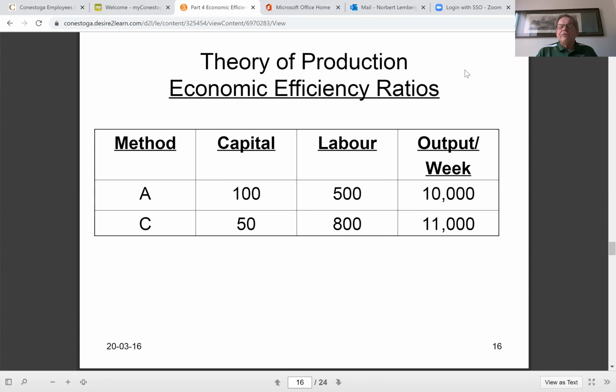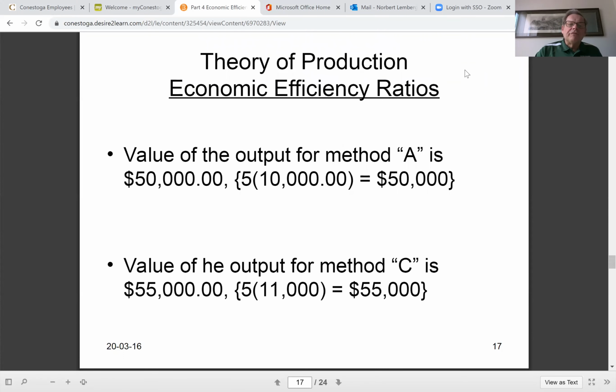Method C produces 11,000 shirts a week. So the value of the output for method A is $50,000, the $5 times the 10,000 shirts that are produced. And the value for method C is $55,000. Once again, that would be $5 per shirt, 11,000 shirts, which is equal to $55,000.